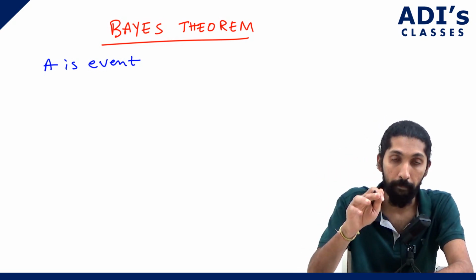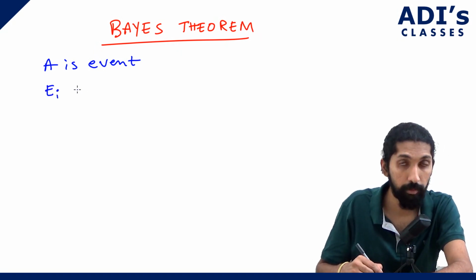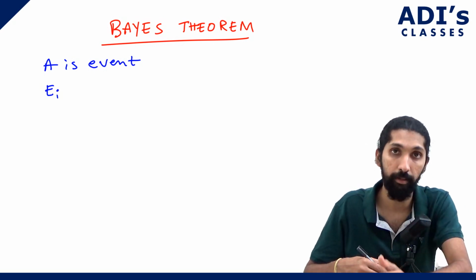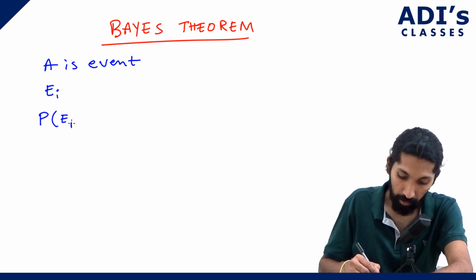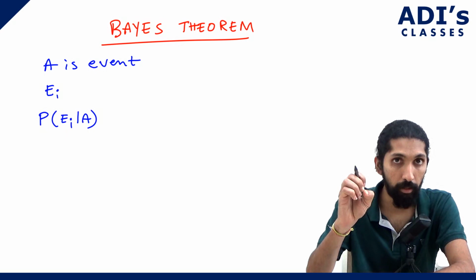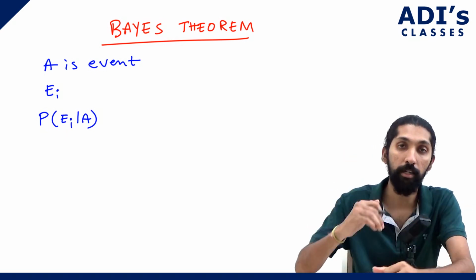That's an event. So Ei is the cause of the event, like the CEO quitting the company. So P of Ei given A means the probability of the CEO quitting given that the share price has reduced.